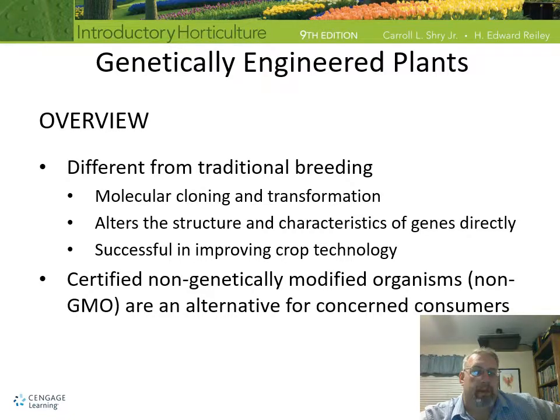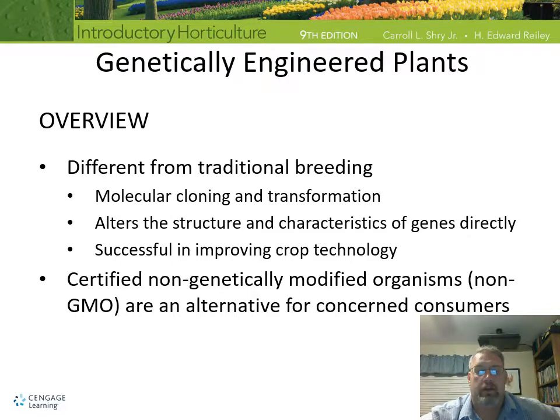Genetically engineered plants. This is something that has been going on for many, many years. Basically, when you take a plant and you hybridize it, or you find a specific trait from a certain plant and you would like to perpetuate that or breed that into the plant, you are now genetically modifying that plant to accept the different traits that you're going after.